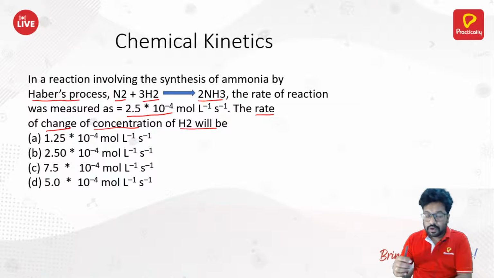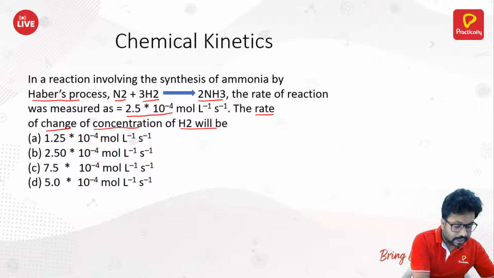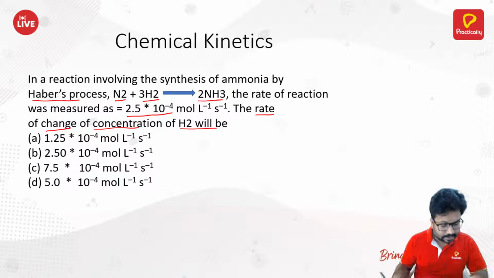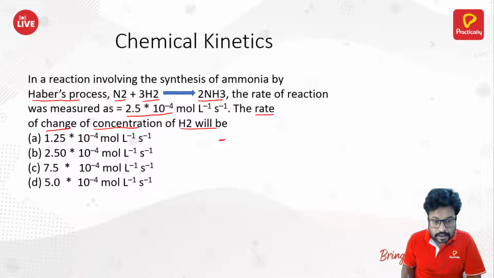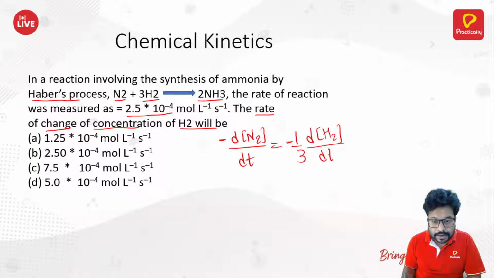Now let me tell you how all of these are actually connected. So the rate of change of all of this: minus d of N2 divided by dt is equal to minus 1 by 3 d of H2 divided by dt.